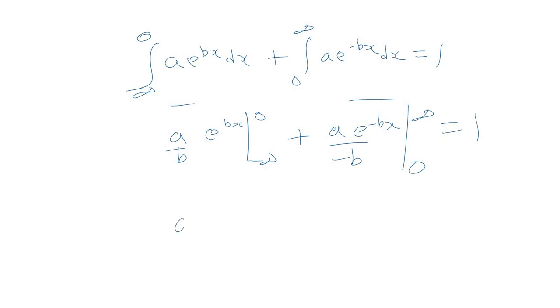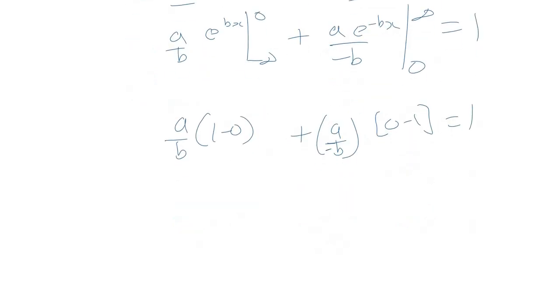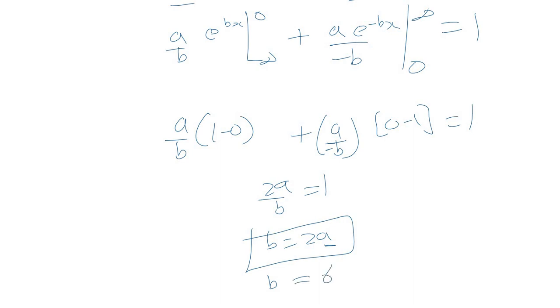If you simplify it, it is a by b times (1 minus 0) plus a by minus of b times (0 minus 1) is equal to 1. So this is equivalent to a by b equal to 1, and b is equal to 2a is the relationship between a and b. Since the value of a is given as 3, b is equal to 6. So this is the answer of the first part.